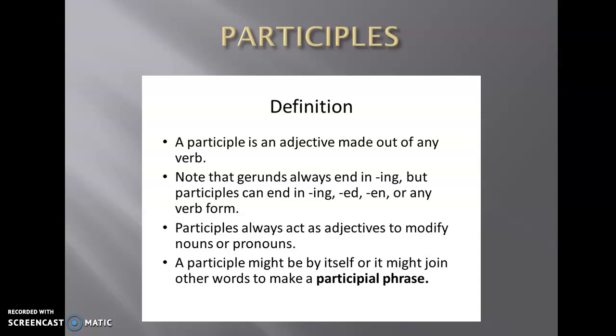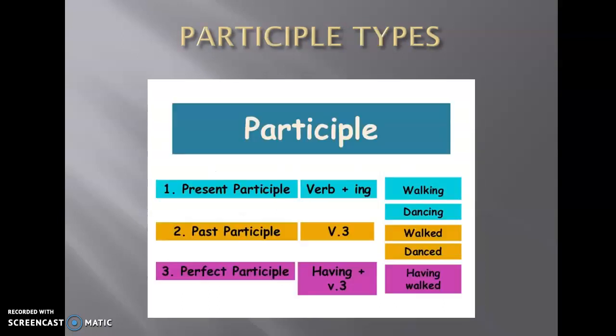Adjectives always describe nouns and pronouns, right? So when participles act as adjectives, they give more information or describe a noun or pronoun in a sentence. A participle might be by itself or it might join other words to make a participle phrase.